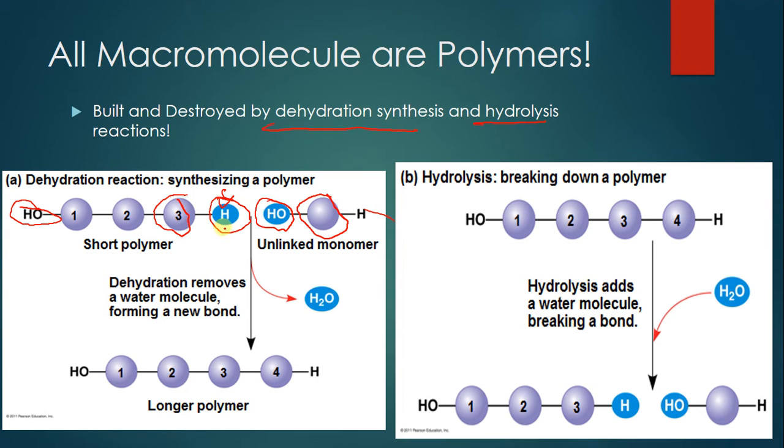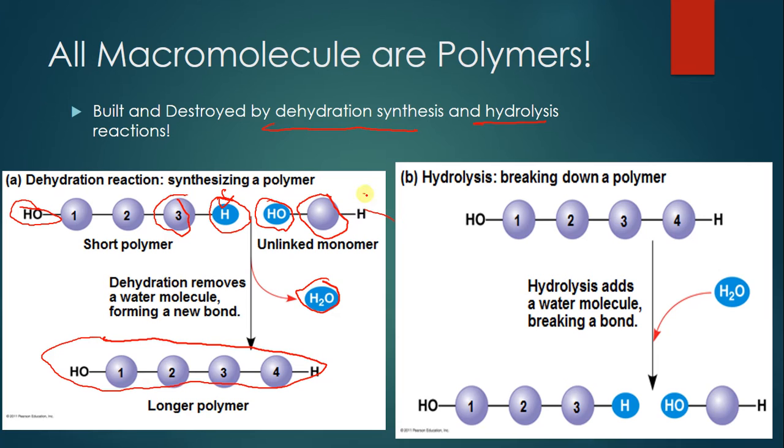That hydrogen combines with the oxygen, or the hydroxyl, and they both break off and form water. And while they do that, they link the pieces of the shorter polymers together so we get a longer one. And that's why it's called a polymerization reaction. It makes a longer polymer from these smaller pieces.